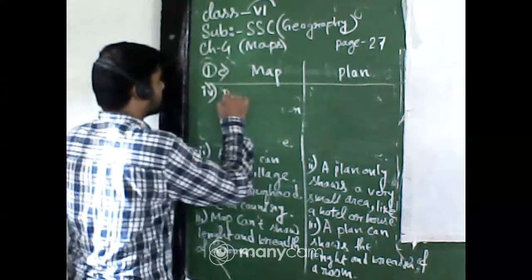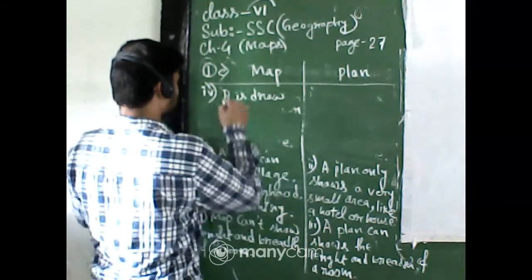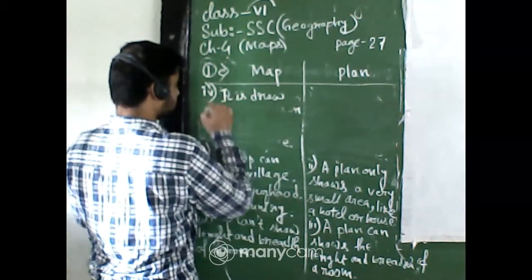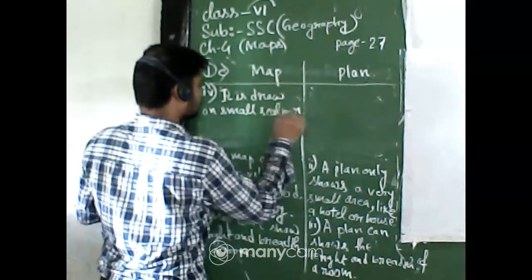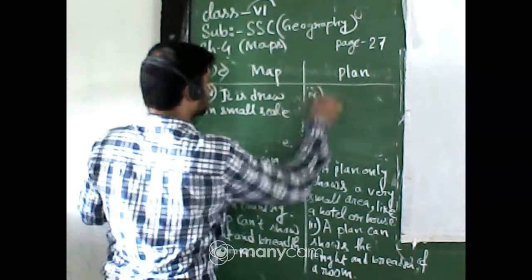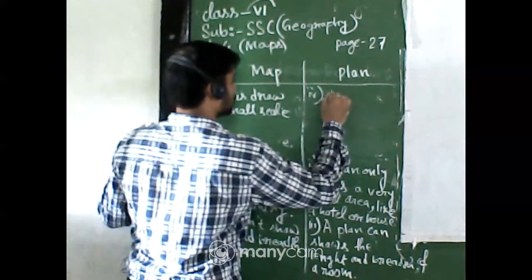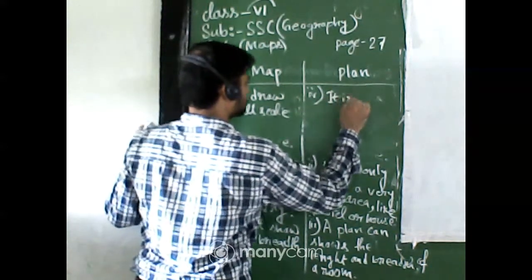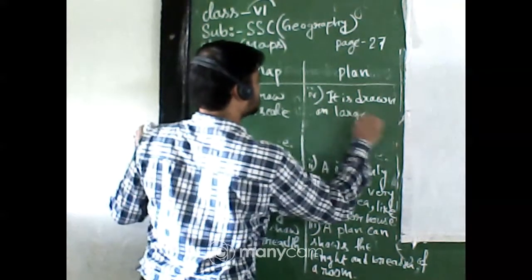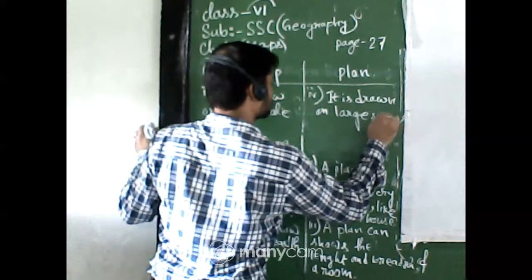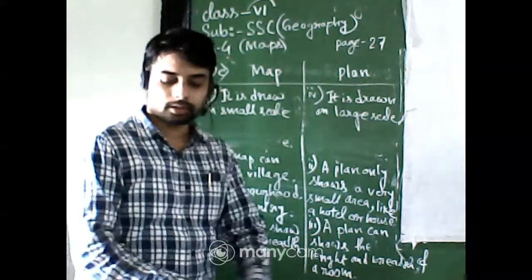It is drawn on a small scale. And it is drawn on large scale. So these are the 4 differences between map and plan.